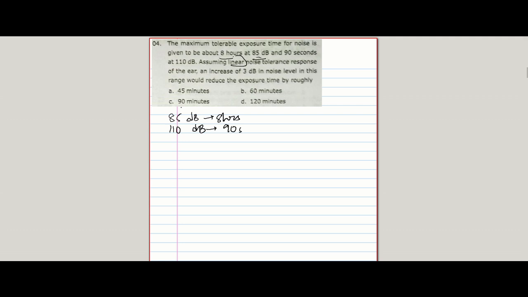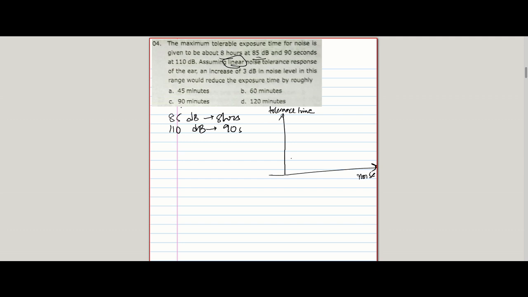Assuming linear noise tolerance response of the ear, an increase of 3 decibel in noise level in the range should be. Now the word linear is very important. Linear means if we draw a graph for noise versus tolerance time, we will get a straight line.